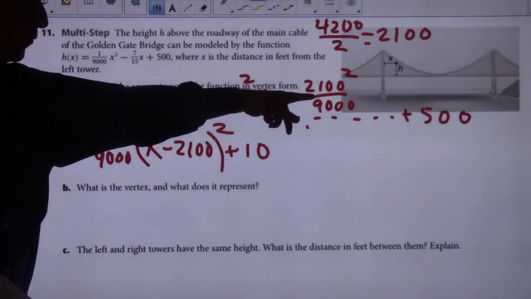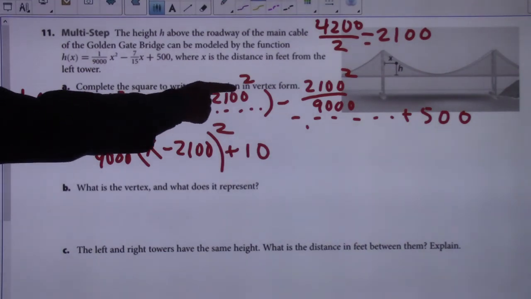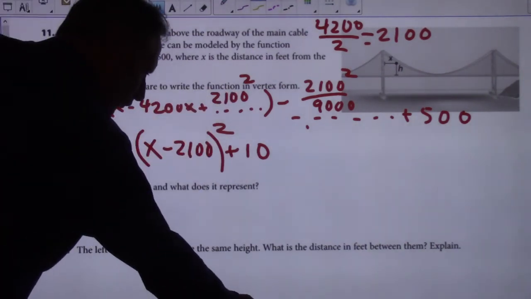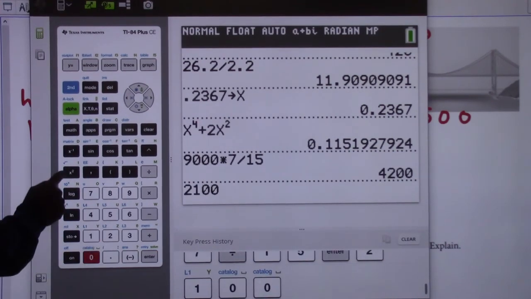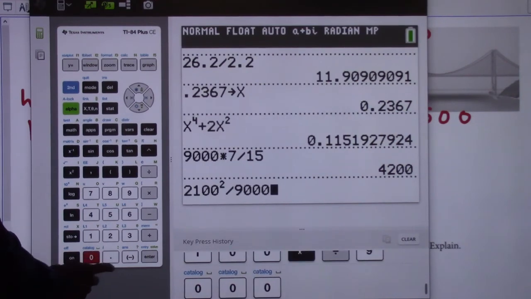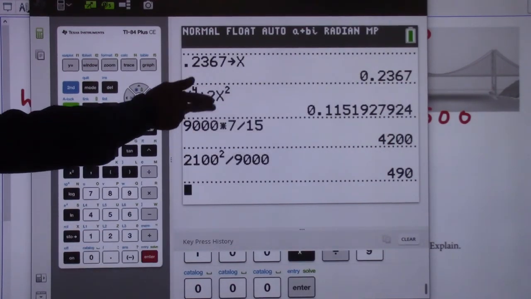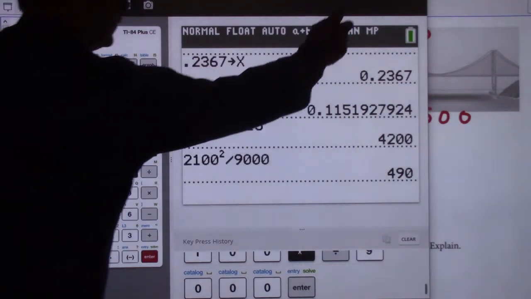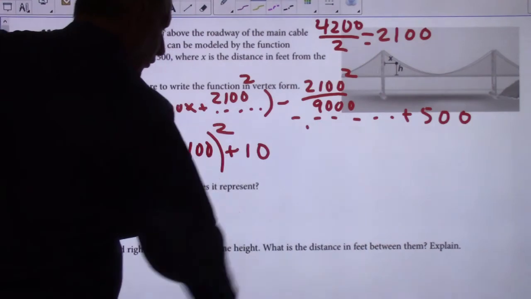You get 10, I see. So there's your 490, actually negative 490. So that's minus 490 plus 500.